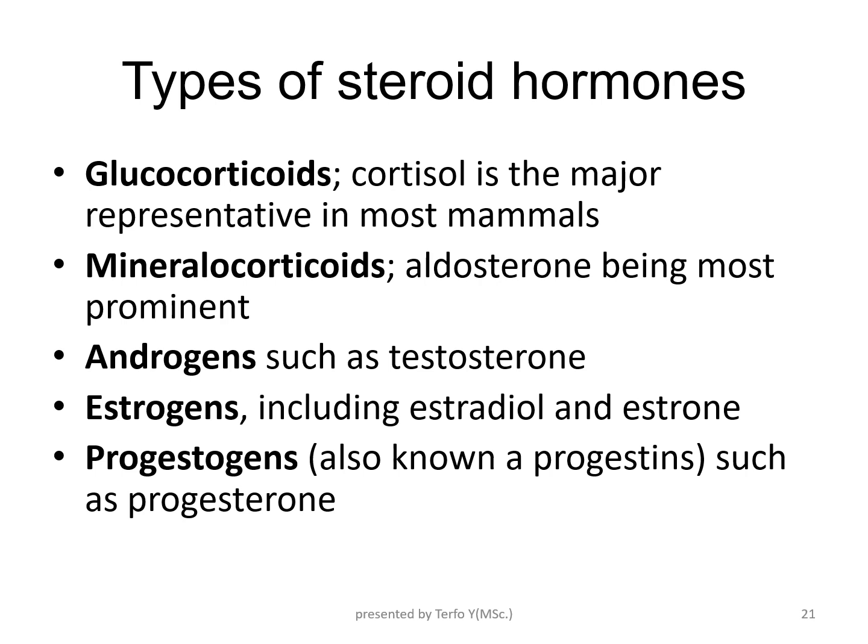Also androgens such as testosterone, estrogens including estradiol and estrone, and progesterone, also known as progestin. These all are types of steroid hormone which are crucial for physiological phenomena in our bodies.